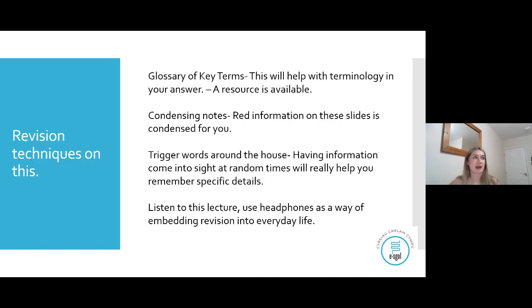And as you walk around the house, you'll see just little triggers that will help you remember. Making posters is great, but it's making sure that if you stick them to a wall or somewhere at home, that the font is big enough for it to be read quite quickly. Okay, that's my top tip with trigger words around the house. Put them on post-it notes, put post-it notes everywhere where you will see them.